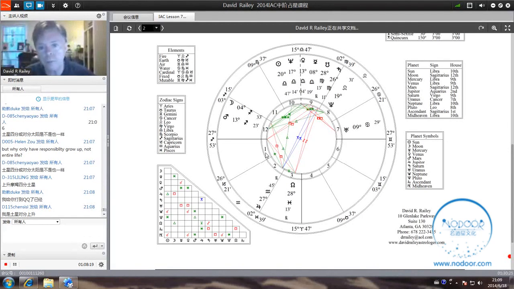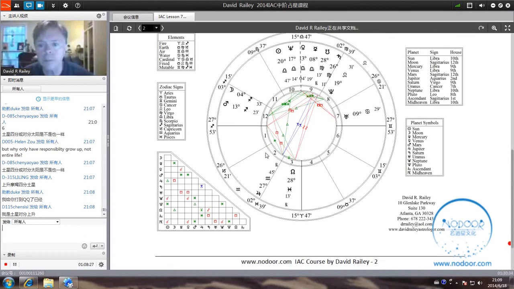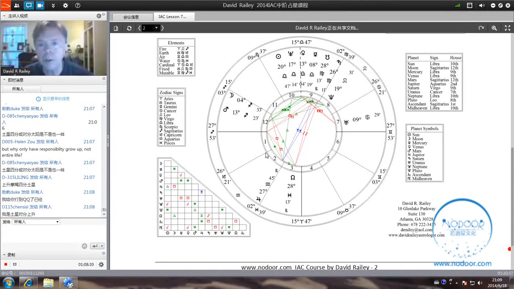Saturn aspecting the Sun means the responsibility and pressure brought by the father are heavy, along with the hard-working side. The difference between the Sun and the ascendant, though, is important to understand. The ascendant has a lot more to do with your body, your appearance and your outer personality.